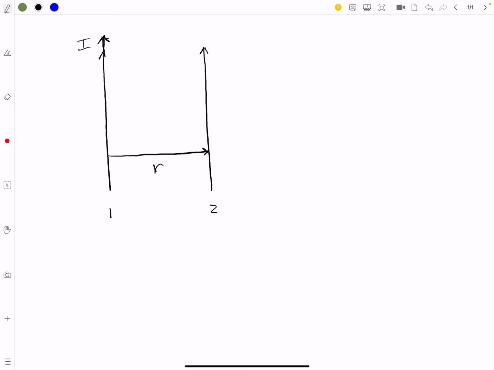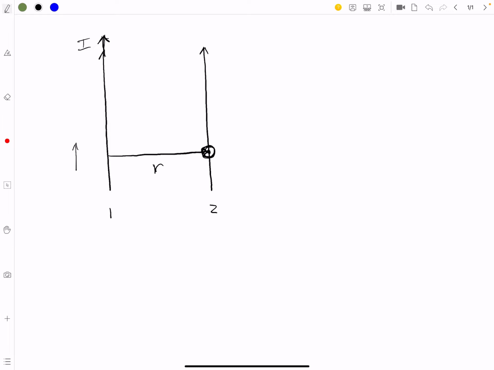The B field that is made is going to be detected a certain radius away from the current, right? And if you put your thumb in this direction and you curl your fingers around, your fingers curl down into the page, okay? And that's why I drew the B field into the page at that point for current 1.